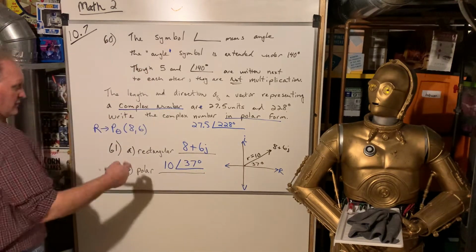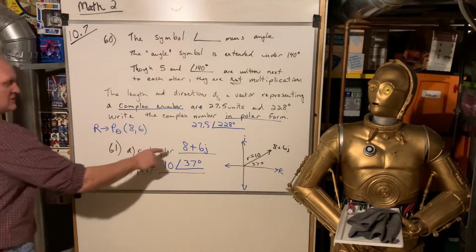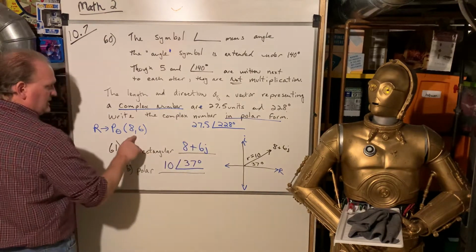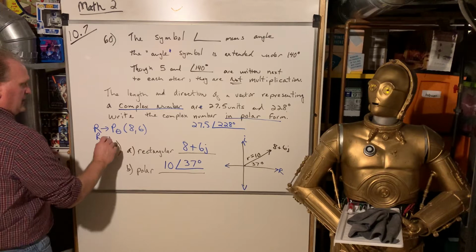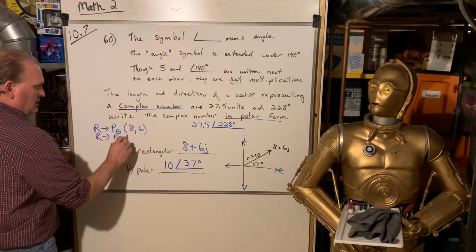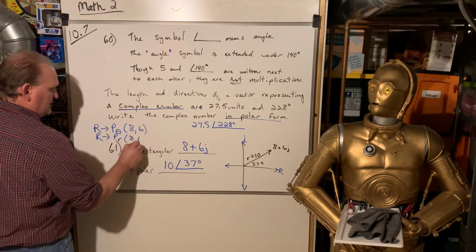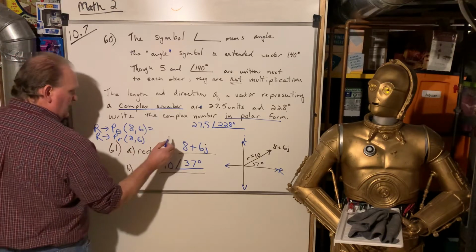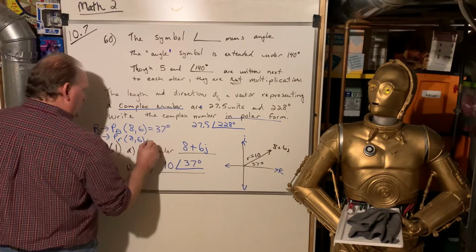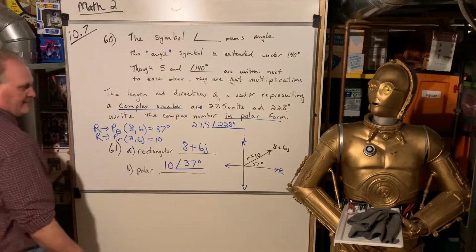But when I'm actually converting it using my calculator, I just strip away the j, just do 8, 6, okay? Same with rectangular to polar R with 8, 6. This kicked out my 37 degrees, and this kicked out my 10.